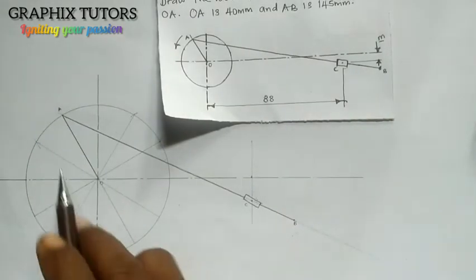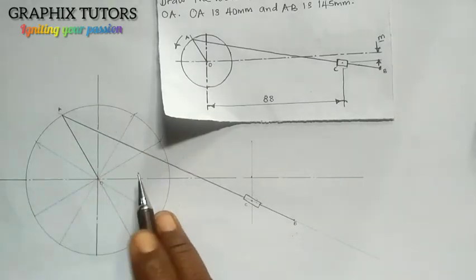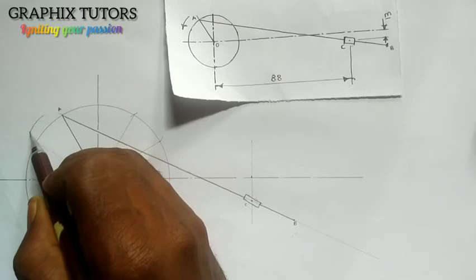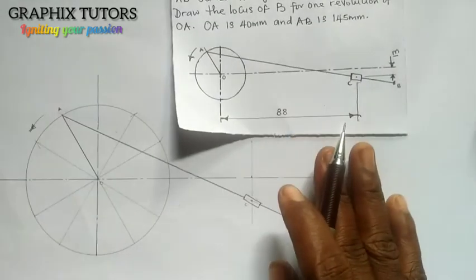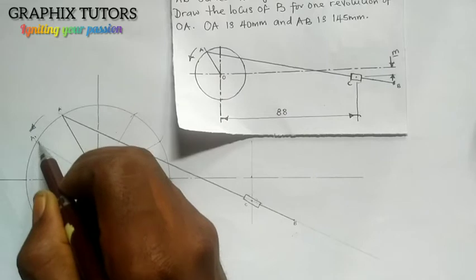So one thing is, what you did for AB, you repeat it throughout one revolution. So we are going what? Anti-clockwise. That is what we are told. We are going anti-clockwise and moving backward. That's what the question says. So if this is A, here will be A1.